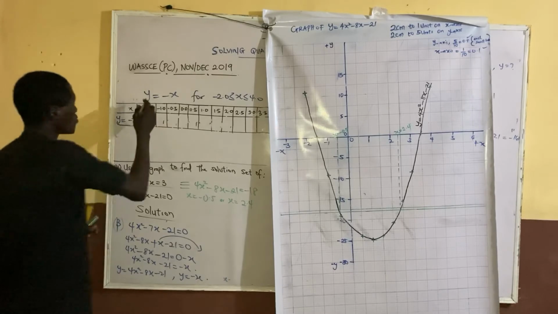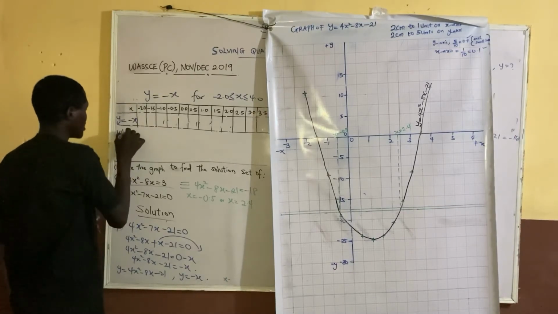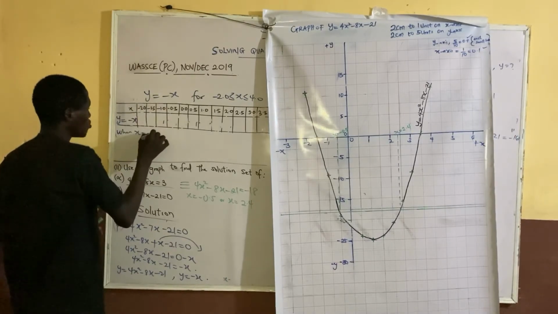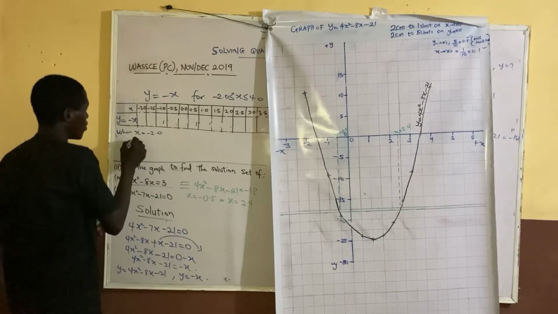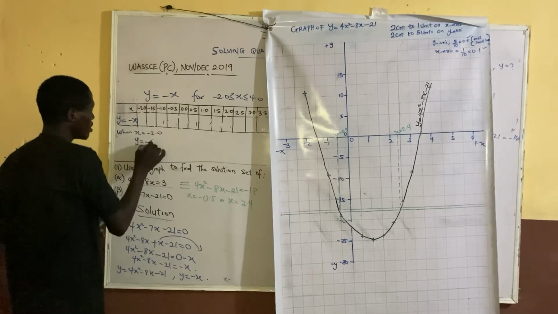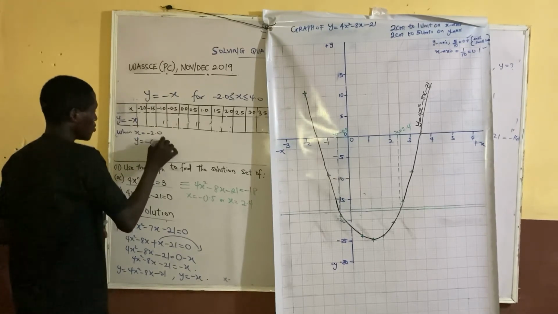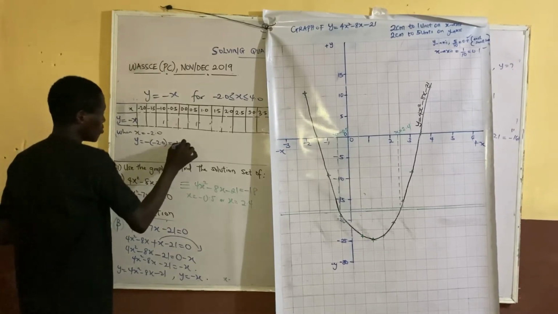So, for this first entry now, when x is equal to minus 2.0, what is our y? y will be equal to minus minus 2.0, which is minus times minus is plus, 2.0.